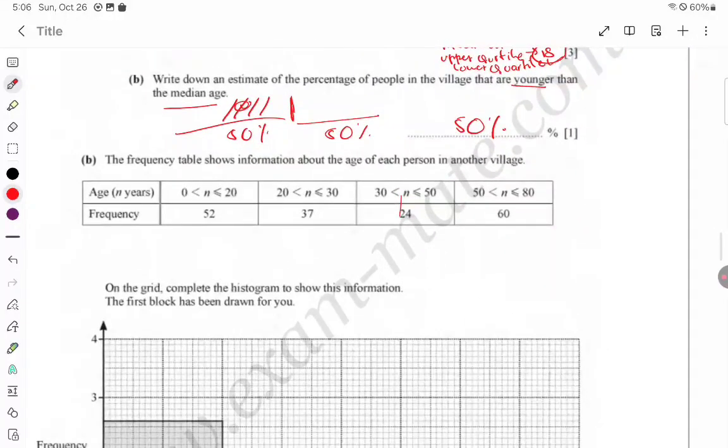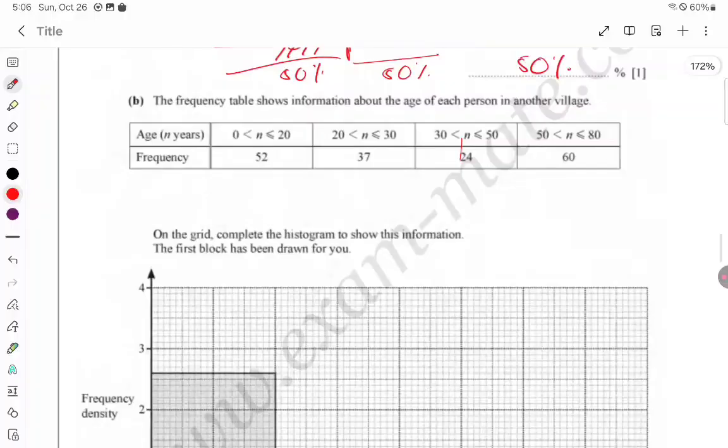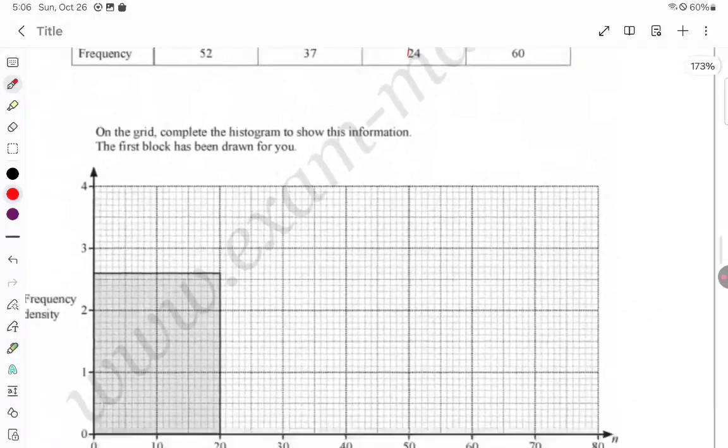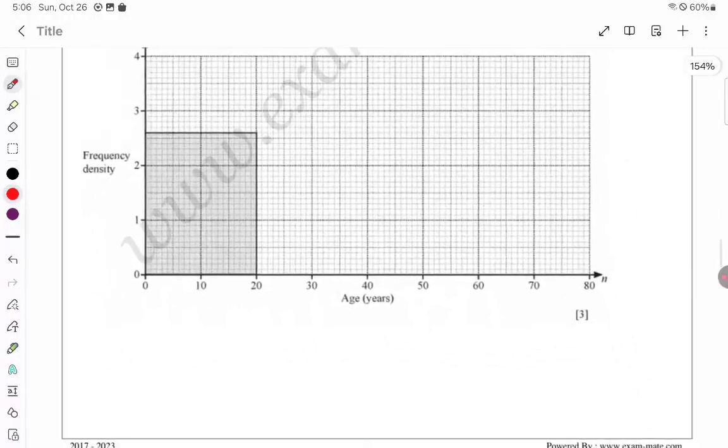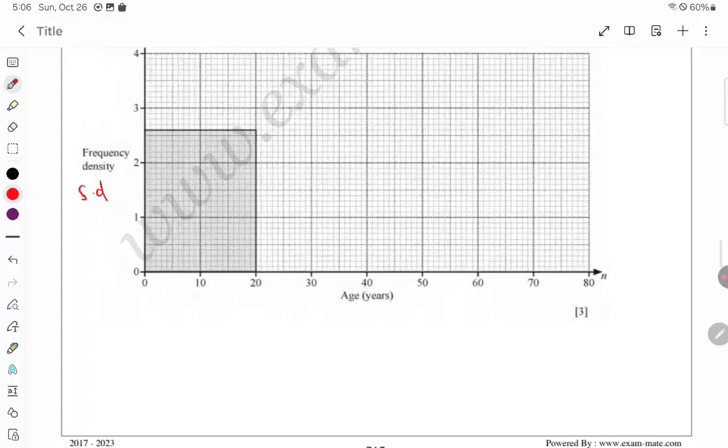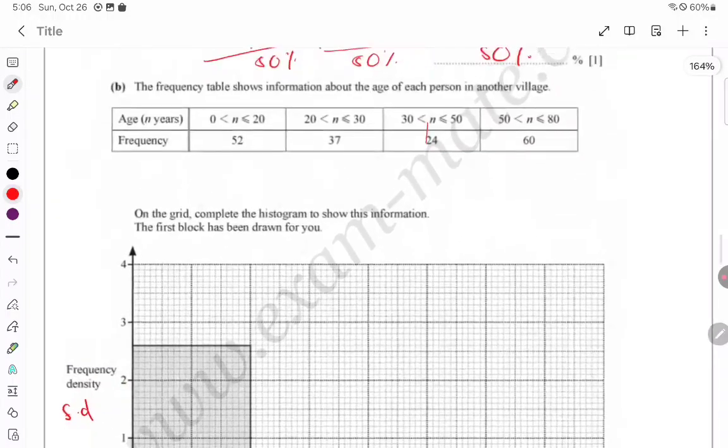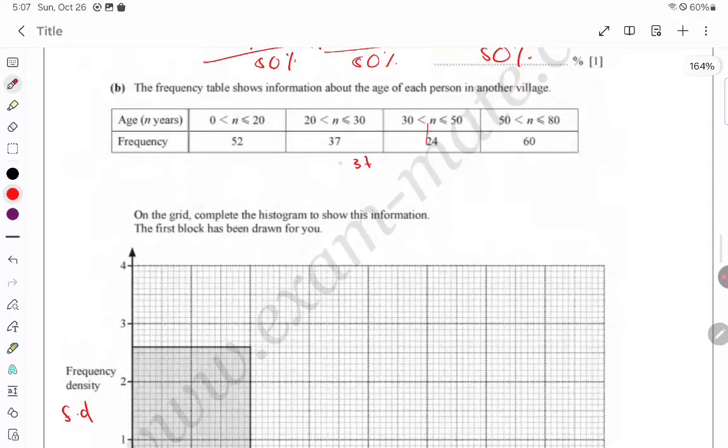Now in part B, the frequency table shows information about the age of each person in another village. For another village, first we have to calculate the frequency density. The first frequency density is already given. For the second one, write the frequency density of this table. 30 minus 20, 3.7.